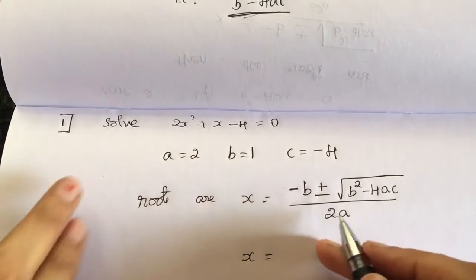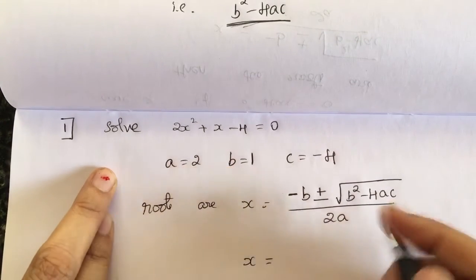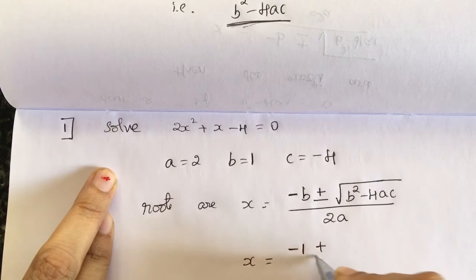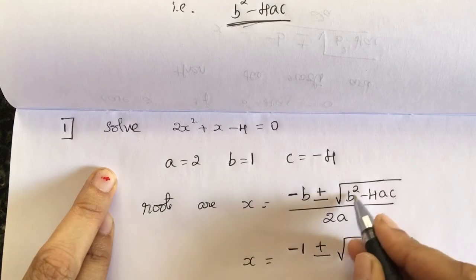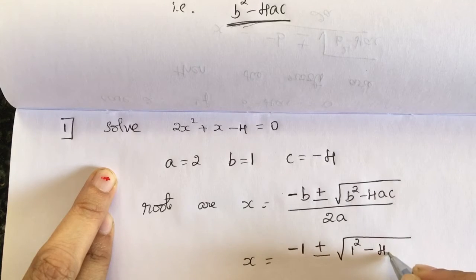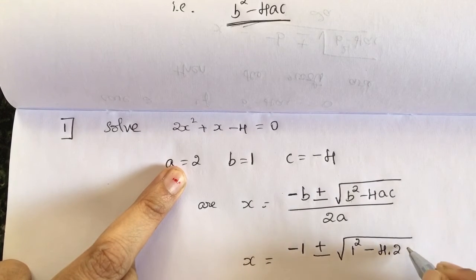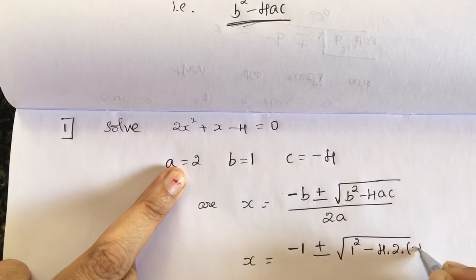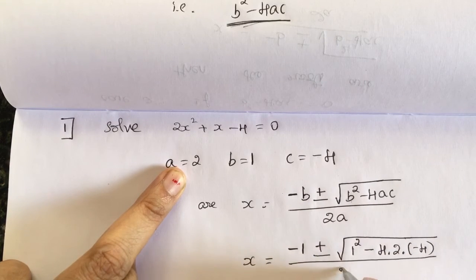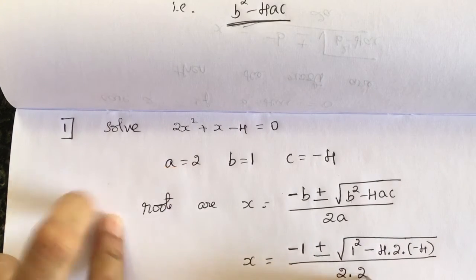B is 1, so minus 1 plus or minus root of 1 square minus 4a into c, c is minus 4, divided by 2 into a, which is 2.